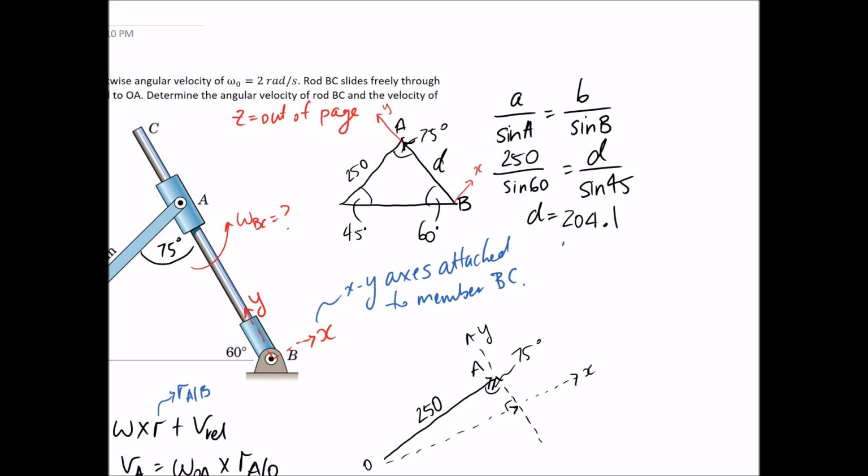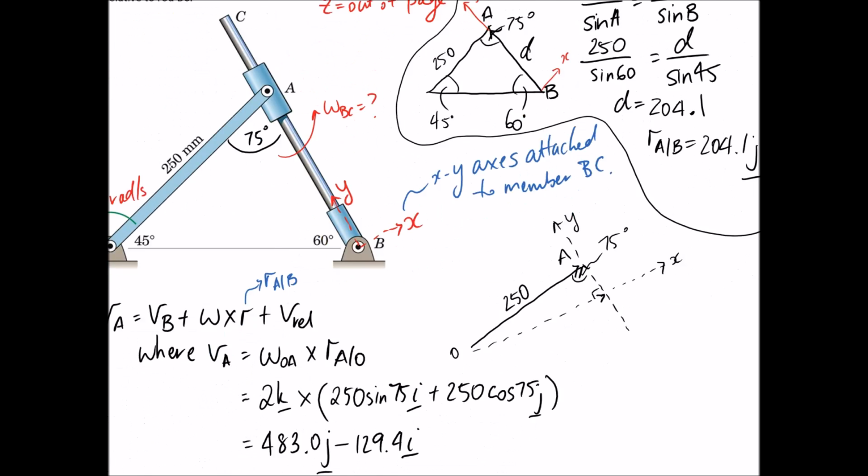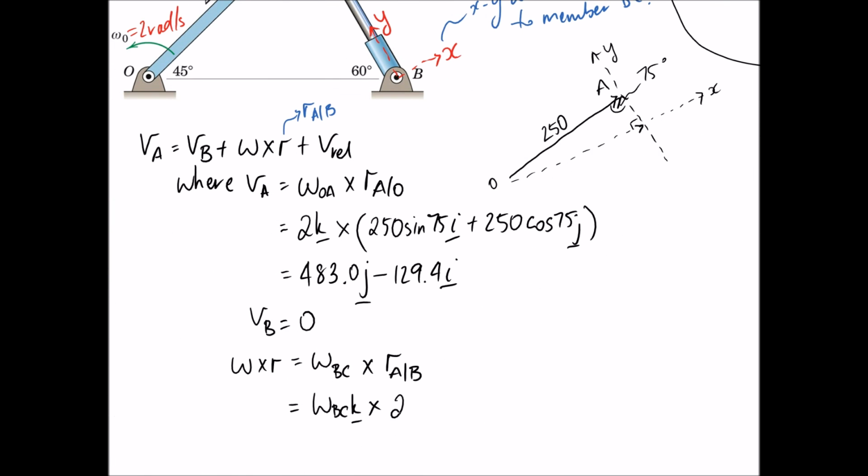So that's going to mean that the radius of A relative to B is just going to be whatever D is, so 204.1, and it's in the positive y direction, so it just gets a J. Alright, so this here gives us the radius that we needed, the radius of A relative to B, which is 204.1 J. Cool. So multiplying this out into vector form, we get that.